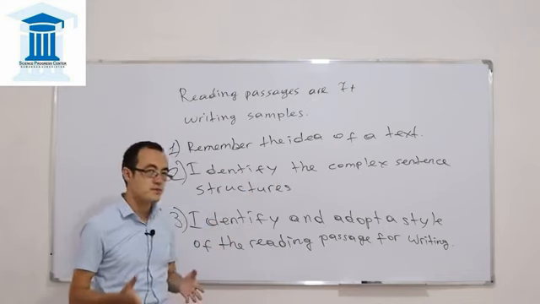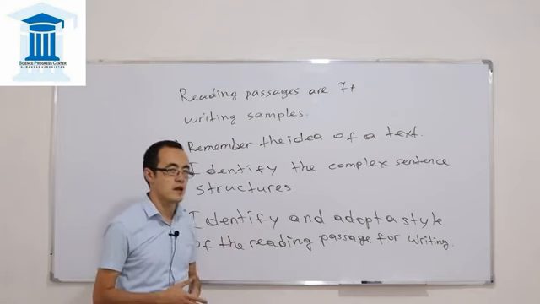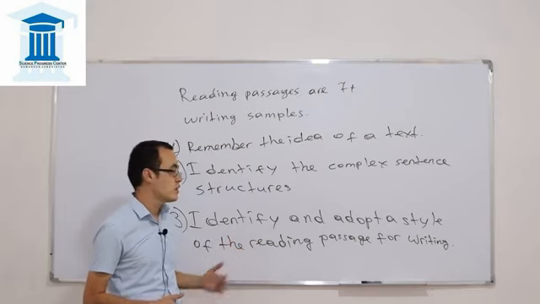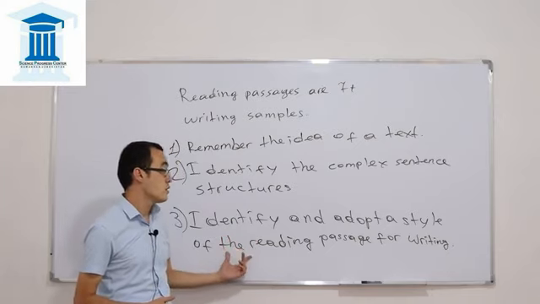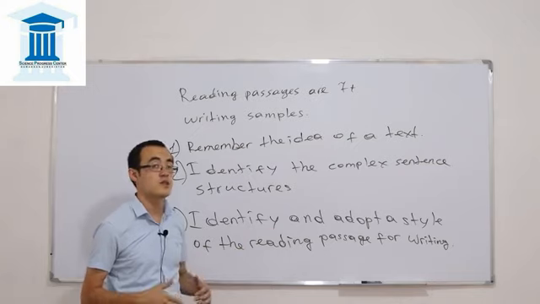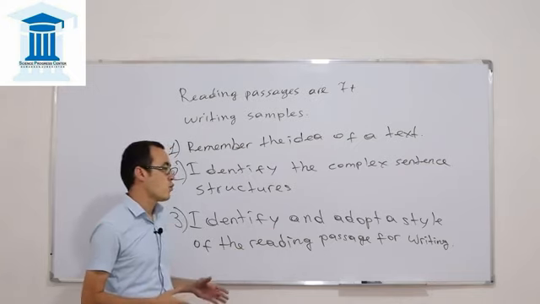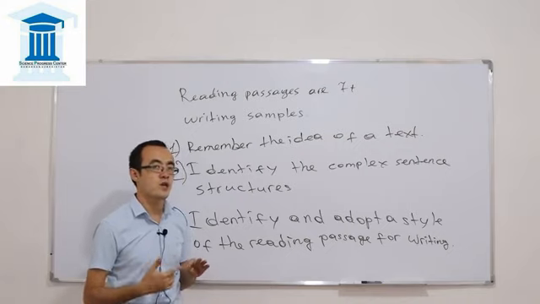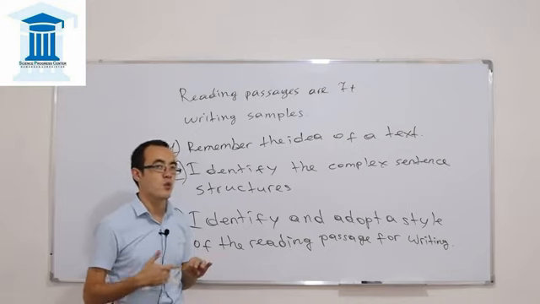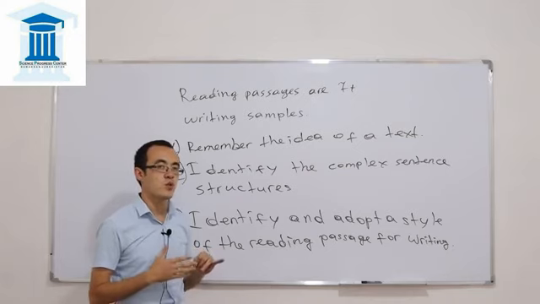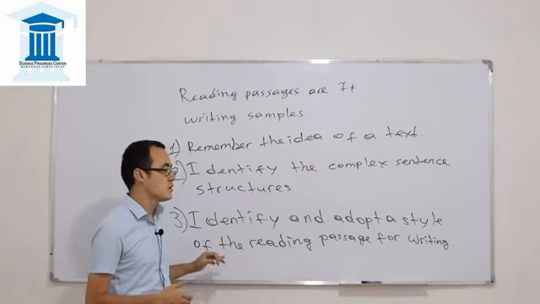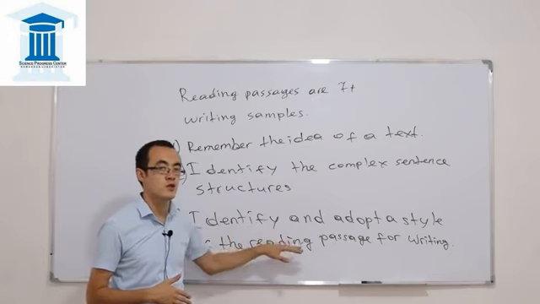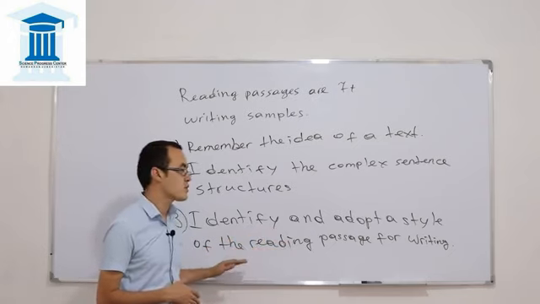And also, after adopting the style, you need to pay attention to the organization and style of the reading: where the author is giving general ideas and how he or she is proving them, what type of examples are given, in which structure, and how the author is going to the conclusion, which structures he is using, what type of style he is using.